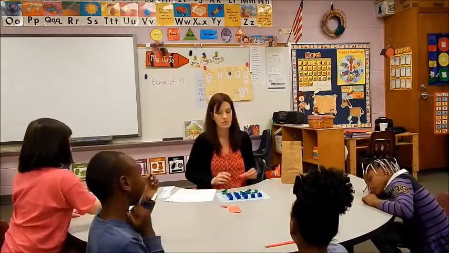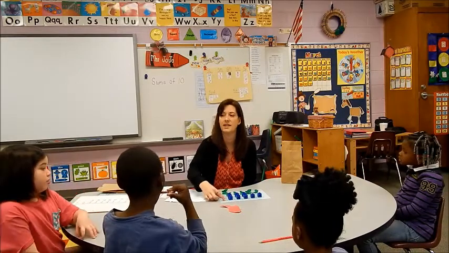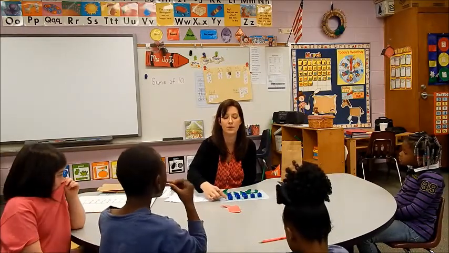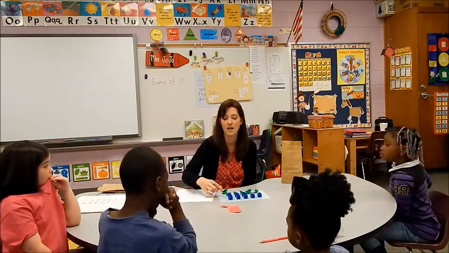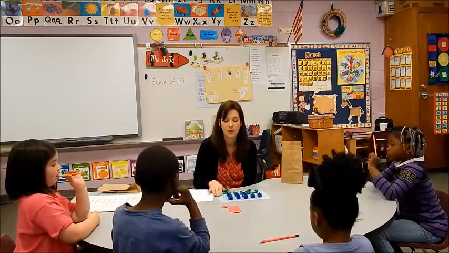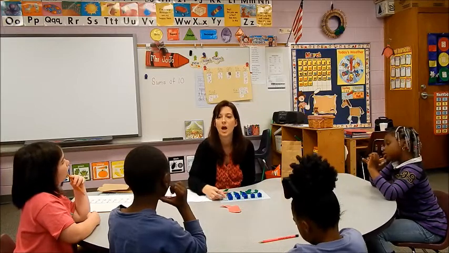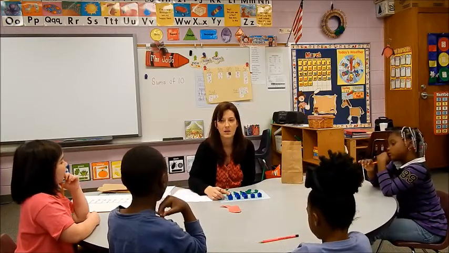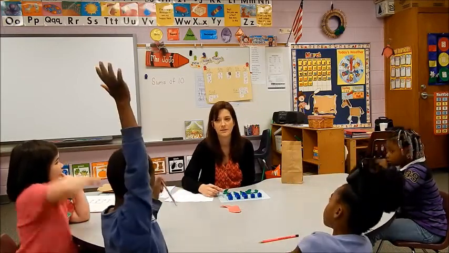Okay. All right, now I have 2 groups here. Do you see I have 2 groups? I have a group of 8 blocks and a group of 6 butterflies. Who can tell me how you can compare a group of 8 blocks and 6 butterflies?